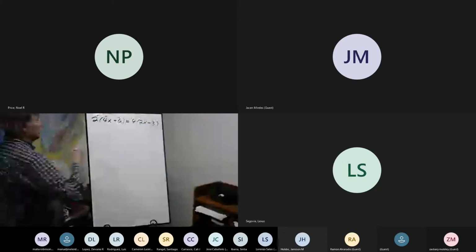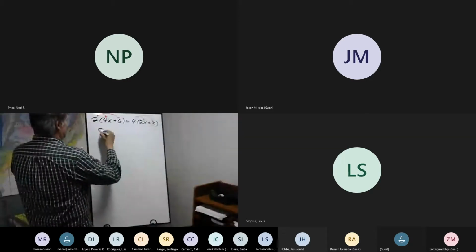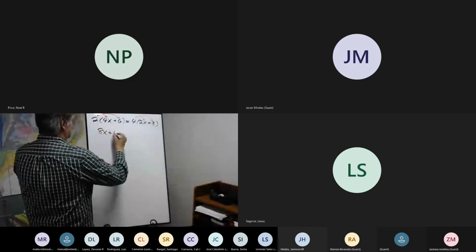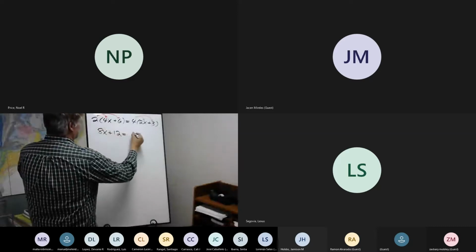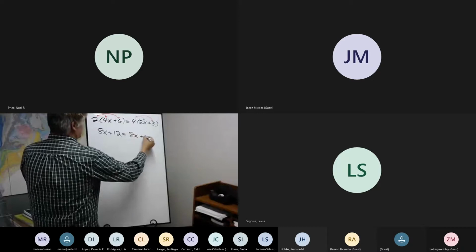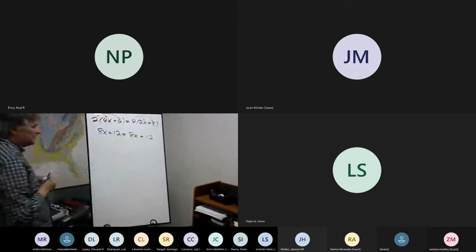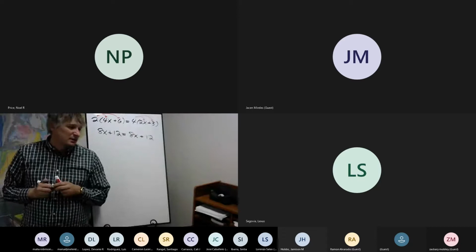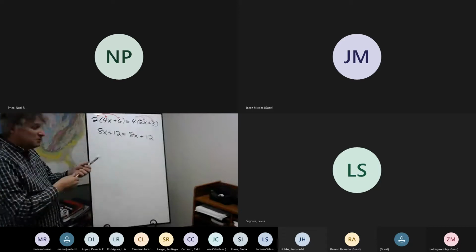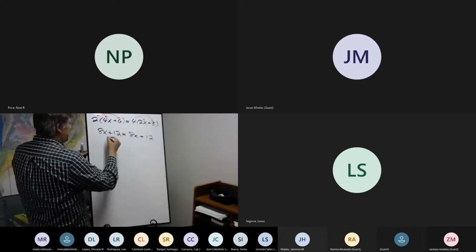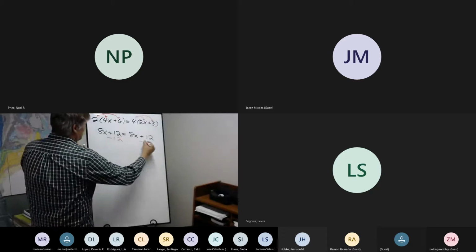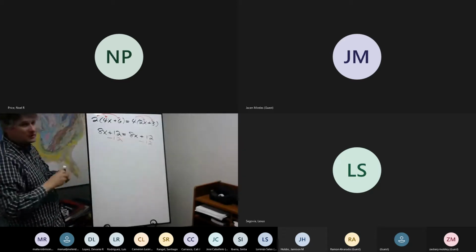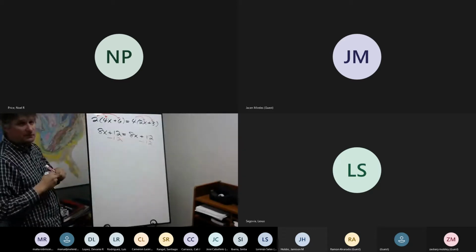So if we do that, 8x plus 12 equals 8x plus 12. We got the same thing on the left as you do on the right. So, I mean, if you could continue trying to solve it, you do that. You're always going to have the same thing on the left as you do on the right.